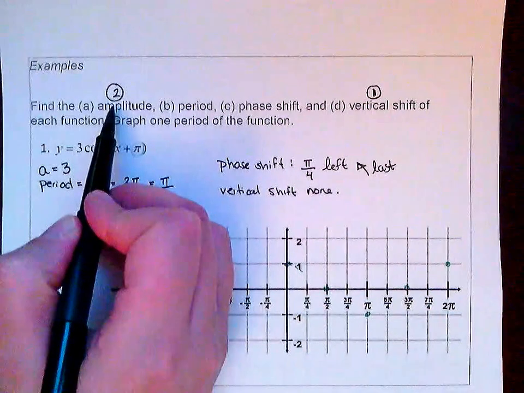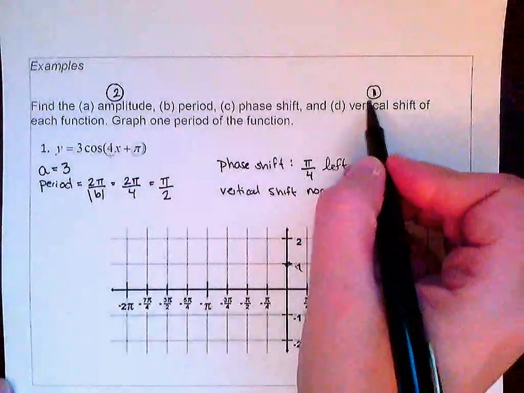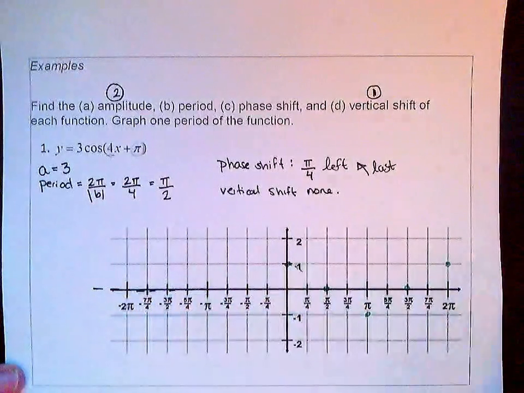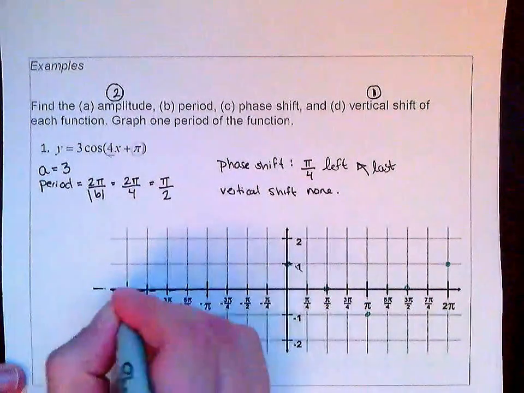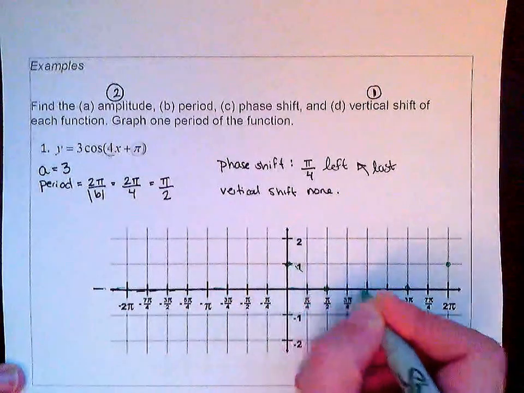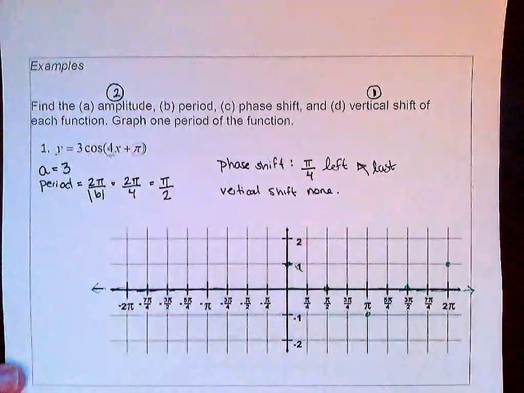Because we don't have a vertical shift, that means the middle of the graph is going to be this midline. I know you can't see it over the green, but I am drawing a midline in the center.